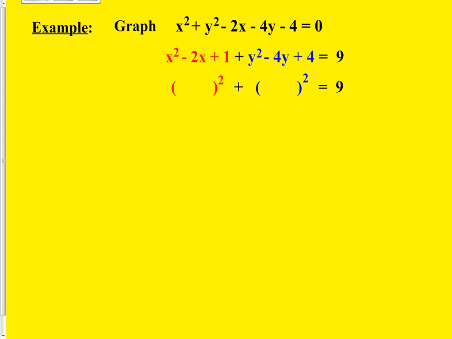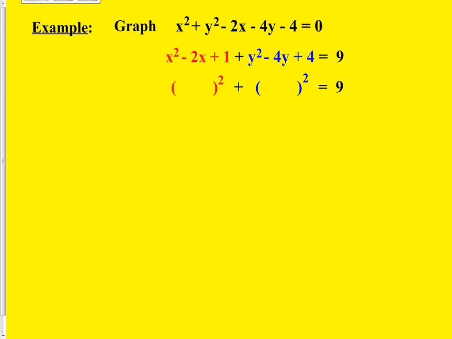The trailing term in the binomial is the result of the square root of the constant associated with those terms. So for the x binomial, the square root of the constant, which is 1, is going to be a 1. And for the y's, the square root of 4 will be a 2.